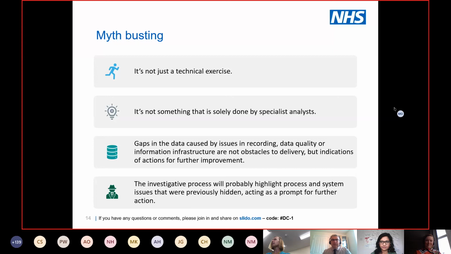So it's not just a technical exercise, and demand and capacity and modelling isn't something that's solely done by specialist analysts within your organisations. We'll talk a lot about data as we go forward, but gaps in the data sometimes are caused by recording issues, data quality, or the infrastructure in terms of systems.